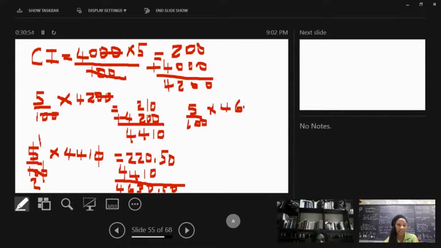So 4630.5. What's 5% of that? 232. Flat? Yes, miss. All right, so 4630.50 plus 232, and that gives what?